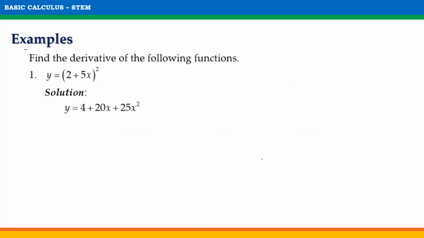Since we have here a trinomial, to get its derivative, we will simply get the derivatives of each term and add them. So that will be equal to 0 plus 20 times 1x raised to 1 minus 1 plus 25 times 2x raised to 2 minus 1. So that will be equal to 20 plus 50x.